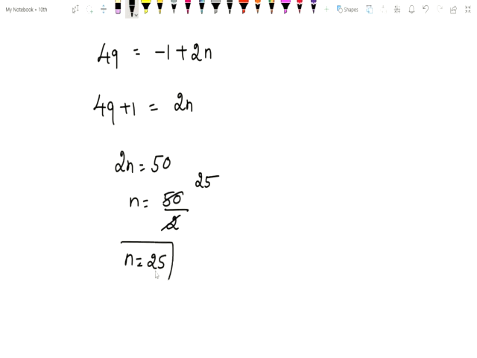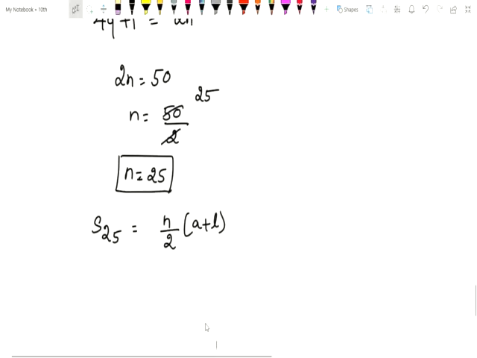Okay. Next we are going to find sum of the odd numbers. Here sum of the 25 terms we are going to find. So S25 equal to n by 2 into a plus l, because we know the last term, so you can use this formula. In this you substitute the value, children.